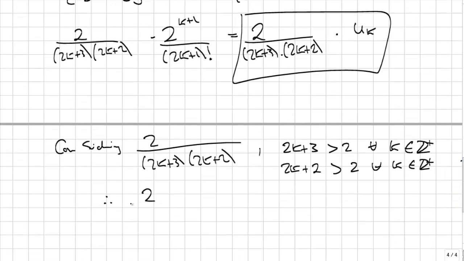Therefore 2 over 2k plus 3, 2k plus 2 must always be less than 1.